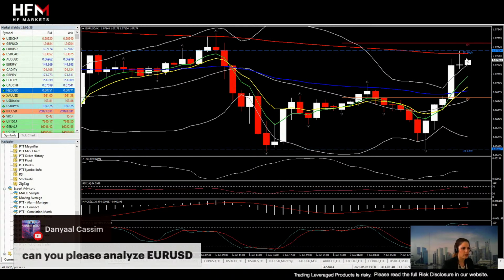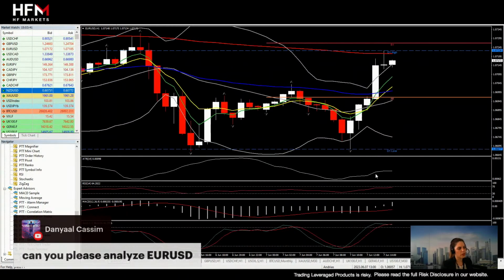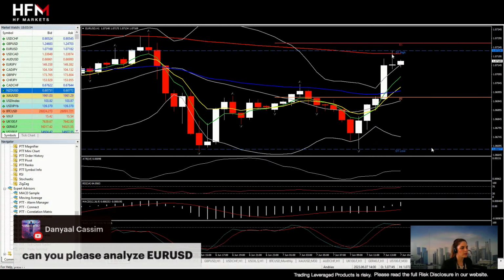There's plenty of time, there's a new candle, but the momentum intraday indicates that there is no further steam to the upside for the time being. Stochastic flattened, RSI flattened, MACD is close to zero as well. So yeah, we need to see more.